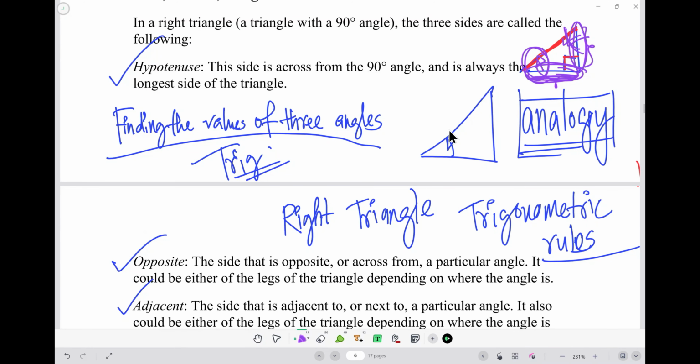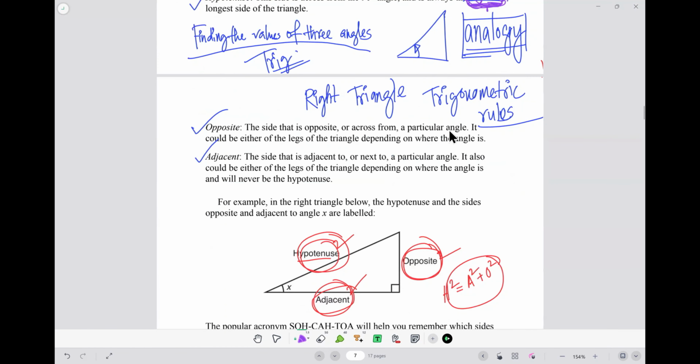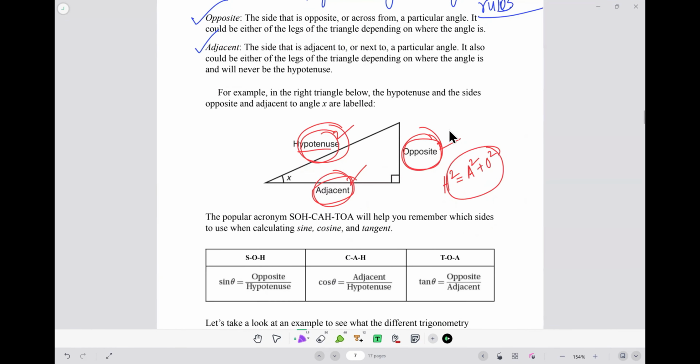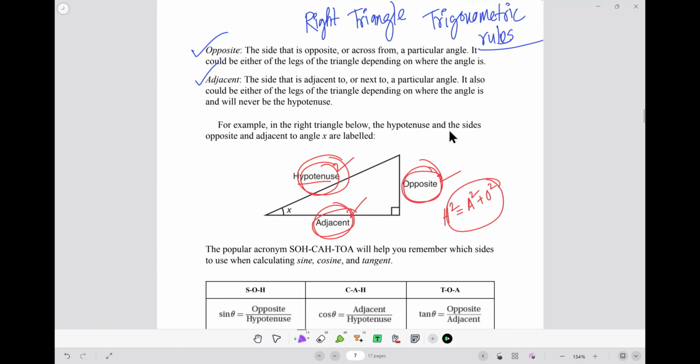So the adjacent side and the opposite side are relative things that depend on how you're taking the angles and which angle you are focusing on to measure. Do you understand what I'm talking about?